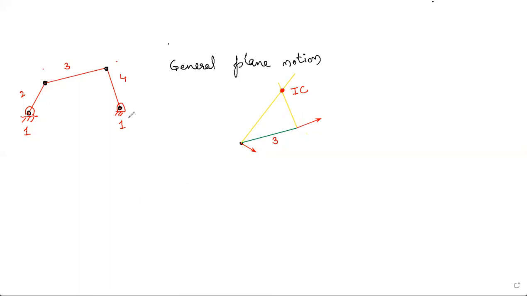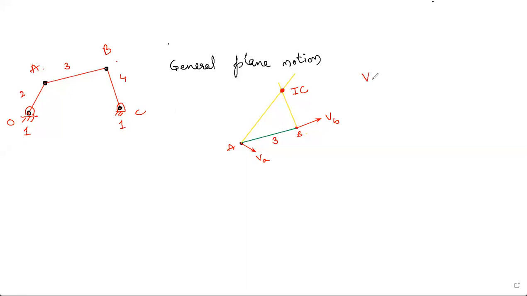Now, if I want to find out, let's label them O, A, B, C. Now, this is point A, this is point B, and this is VA and this is VB. Now, to find out the velocities, for instance, if VA is given, how to find out VB? In this problem right now, you can check how I'm going to do it.